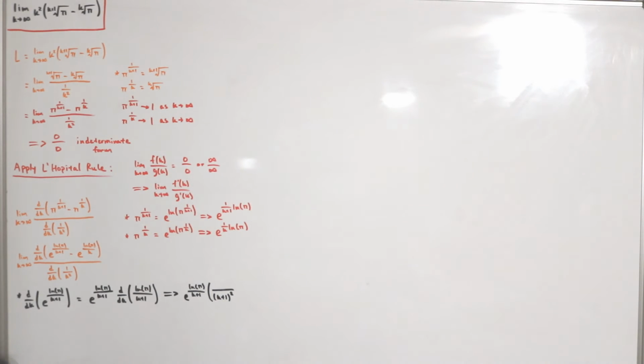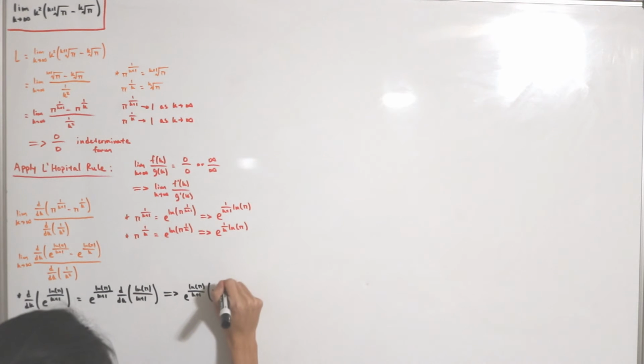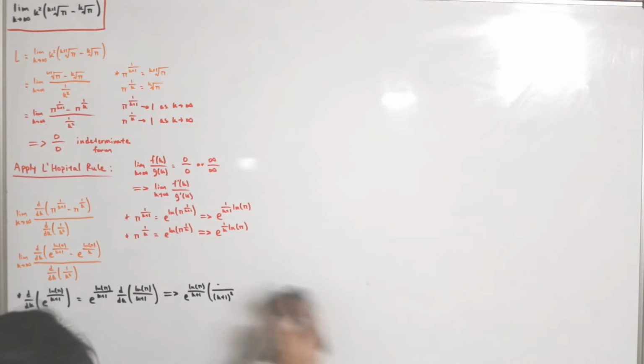Okay, so now we just need to calculate the derivative for the numerator. So f prime, ln of pi is a constant, so it's just 0 multiplied by k plus 1 is 0, and then minus ln of pi multiplied by the derivative of g with respect to k, that's just 1. So this is just negative ln of pi.